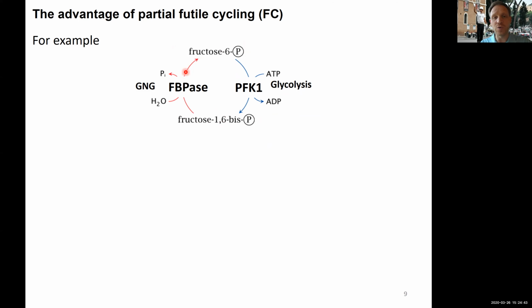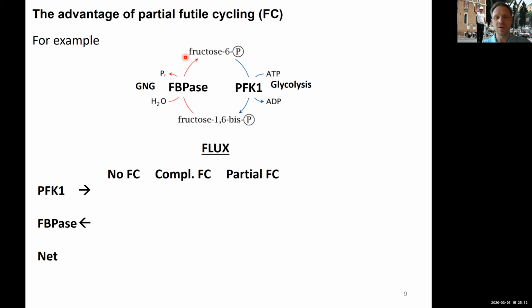And in gluconeogenesis, the way we overcome this irreversible glycolytic reaction is using fructose 1,6-bisphosphate phosphatase, which dephosphorylates fructose 1,6-bisphosphate to fructose 6-phosphate. So two enzymes in the opposing directions, both irreversible reactions. Let's now think about some scenarios between complete and partial futile cycling to see how this might be advantageous.